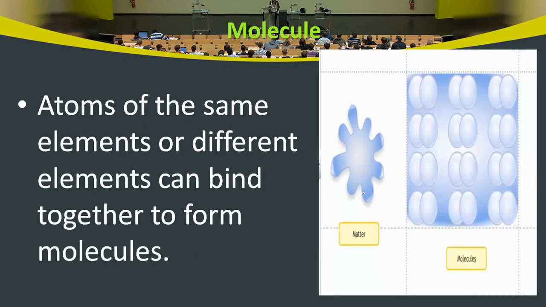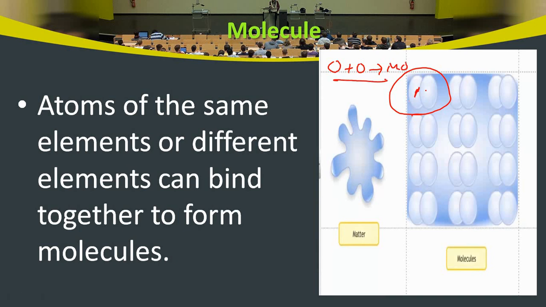The next topic is molecule. Earlier I told you that a molecule is a collection of various atoms that combine chemically with each other. You can see here, when an atom joins with an atom, they form a molecule.